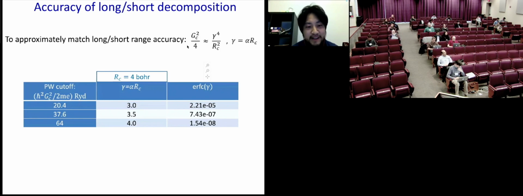And here, as we can see, if we go to 30 Rydbergs, we already have quite good accuracy, which means our plan is doable. Also, if we choose RC to be bigger, like 8 Bohrs, even 10 Bohrs, we can further reduce the plane wave cutoff, meaning you can use an even smaller basis set, and that's the whole point of doing PW, of course.